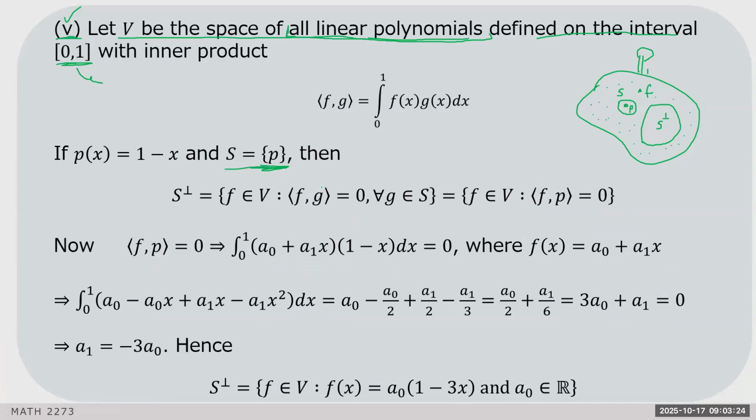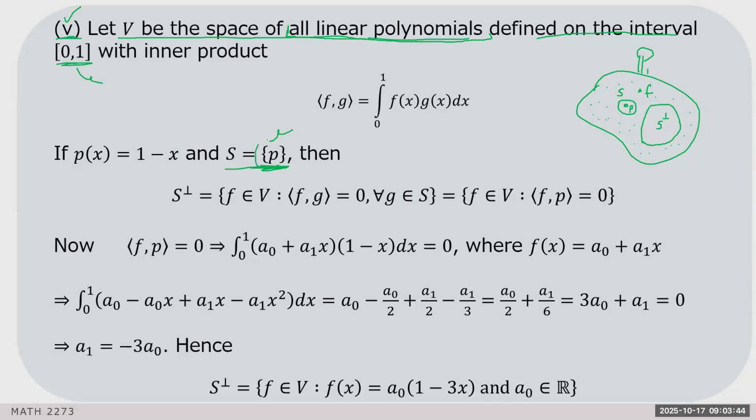Because remember, for each element of the set S, you get a constraint on the set. And I told you the constraints in linear algebra show up as equations, linear equations.